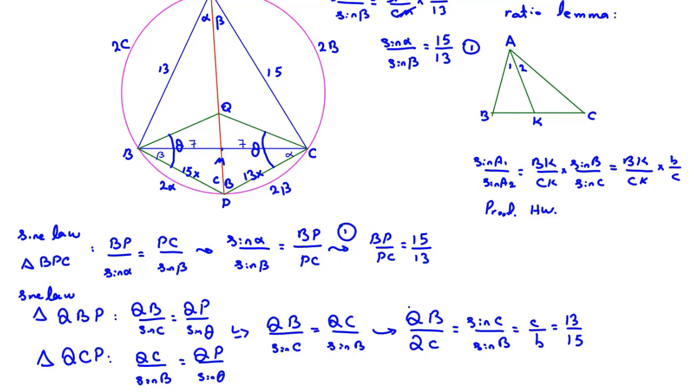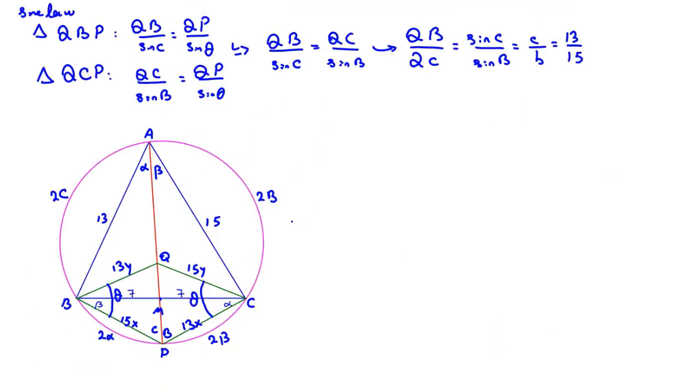Now we can say QB is 13y, QC is 15y. Now I want to prove y equals x. How? If we use cosine law in BPQ, we can say (13y) squared plus (15x) squared minus 2 times 13y times 15x cos theta equals QP squared.